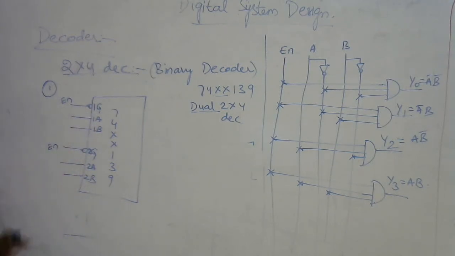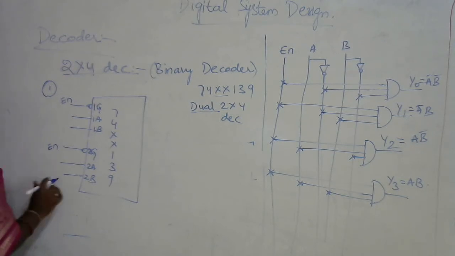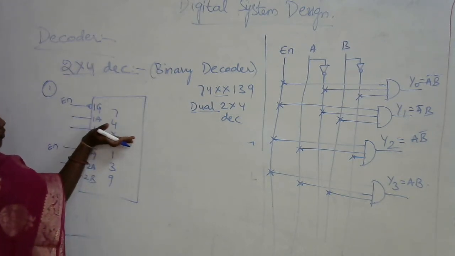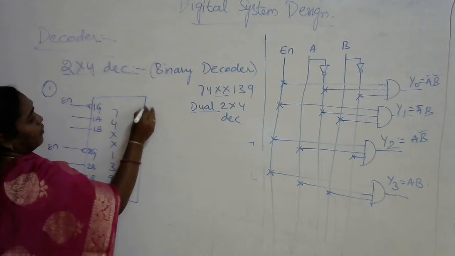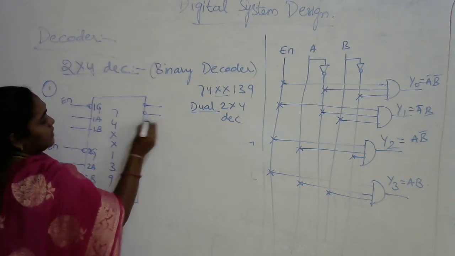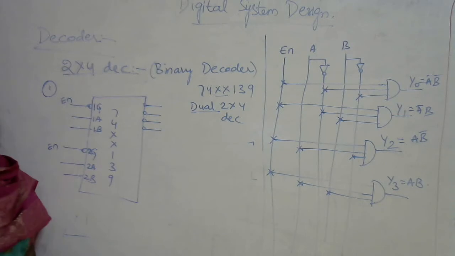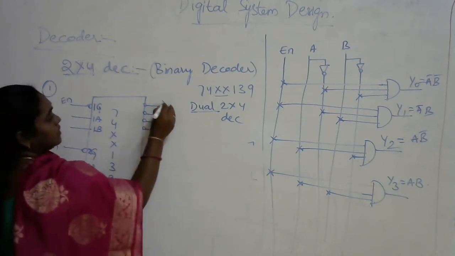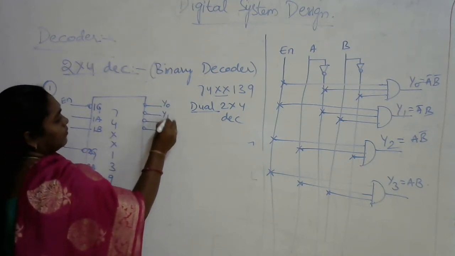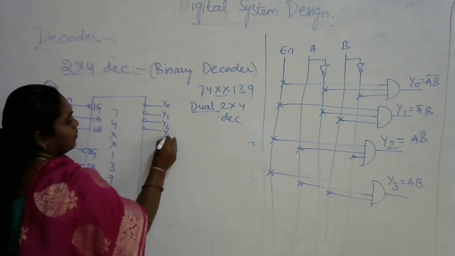Always in case of an IC form, the inputs, enable pins and outputs will be available in the form of an active low, that is bubbled. So here for first 2 by 4 decoder, it consists of four outputs. As it is in the IC form, all these should be in the bubbled form. So here in case of a bubbled form, this is Y0, Y1, Y2, Y3.